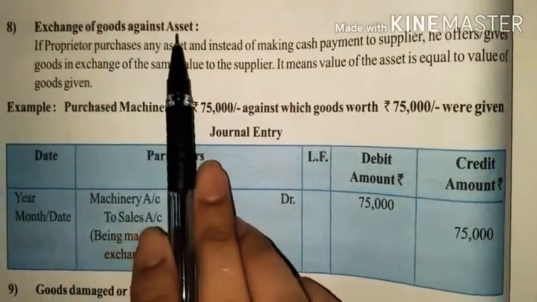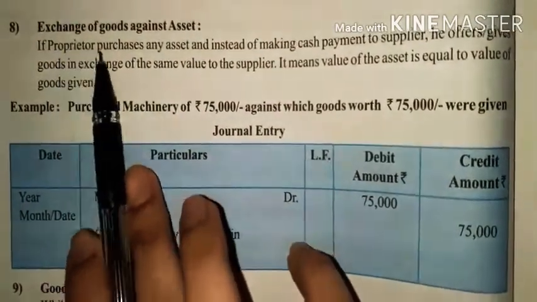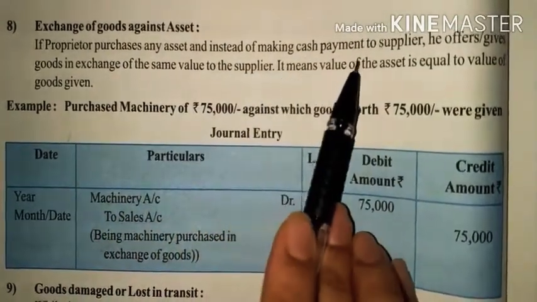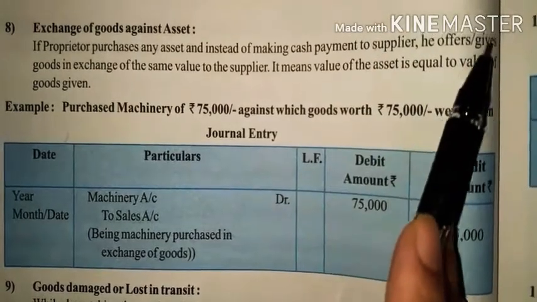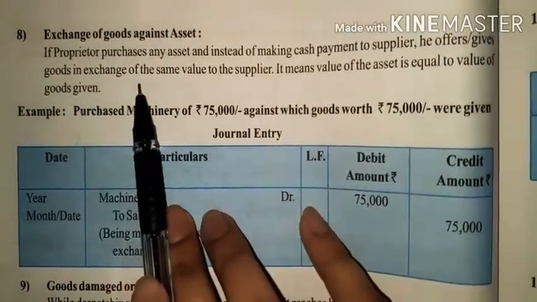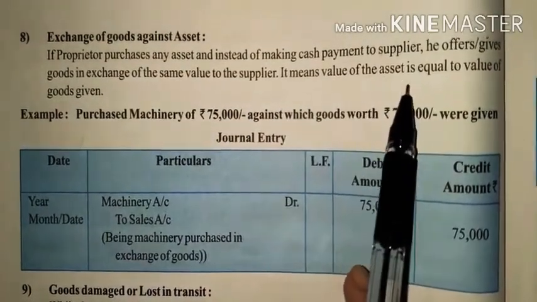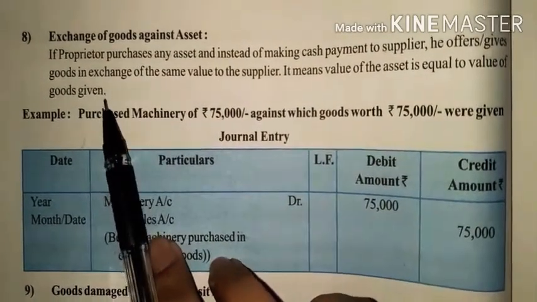Let's see the other one. Exchange of goods against asset. If the proprietor purchases any asset and instead of making cash payment to the supplier, he offers or gives goods in exchange of the same value to the supplier. It means the value of the asset is equal to the value of goods given.